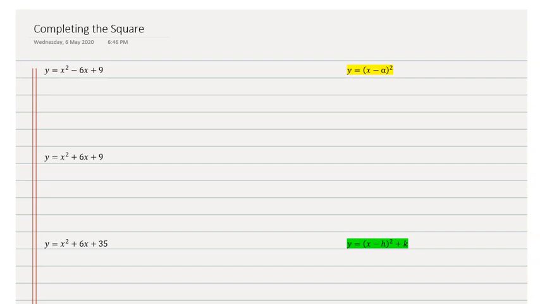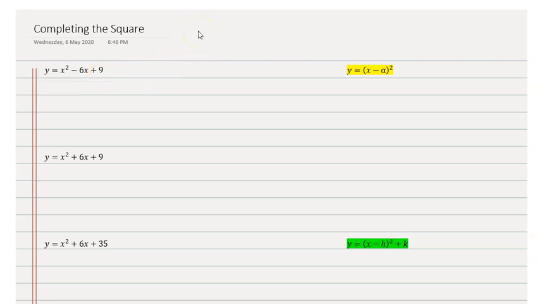Now, looking at the first one, if you remember the factorization using sum and product, if we were going to factorize y equals x squared minus 6x plus 9, what we ask ourselves is, for this negative 6x, what two numbers add together to give negative 6, and what two numbers multiply together to give 9.